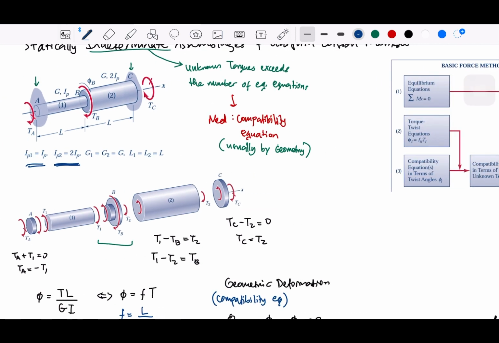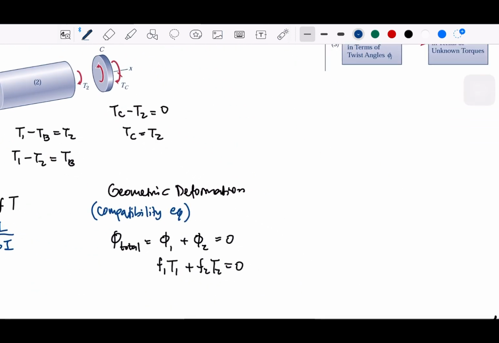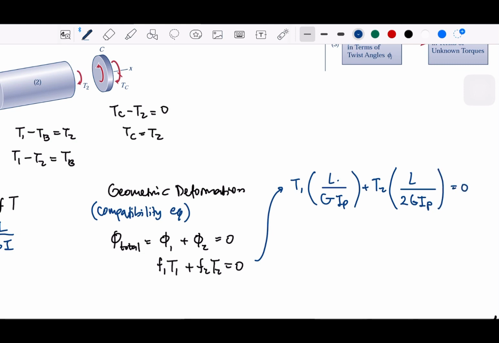So one material is more flexible than the other, and we can take that into our formulations. So T1 times L over G and inertia, plus T2 times L over 2GIP, because the inertia is twice, and this is equal to 0.